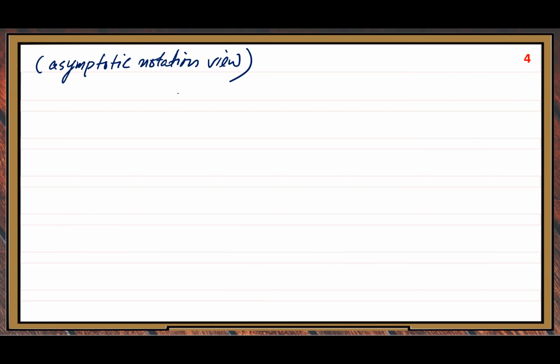Here I do not write the whole definition because it would take too long. I just write the relevant part related to this question. So here, let's look at the big theta notation.